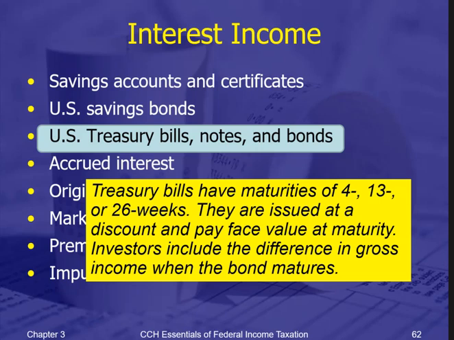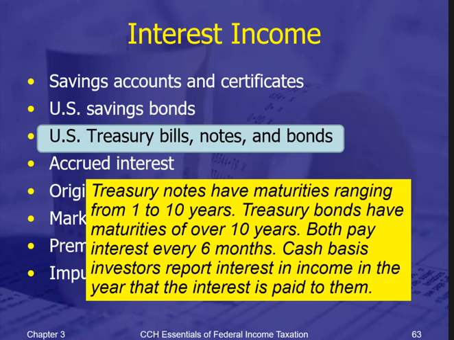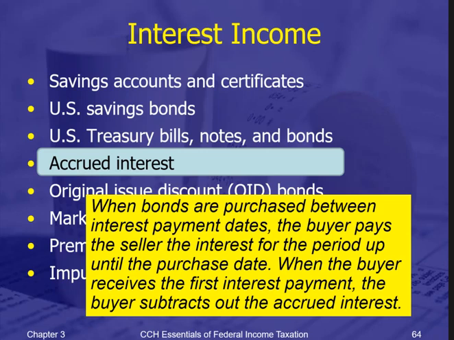Treasury bills, generally you're not going to see individuals with those very often, but they work in a very similar way. They pay income when they mature. When you buy bonds between interest payment dates, you pay accrued interest. That accrued interest is paid, and you deduct it against the amount that you receive.